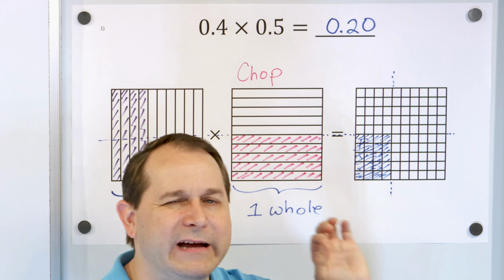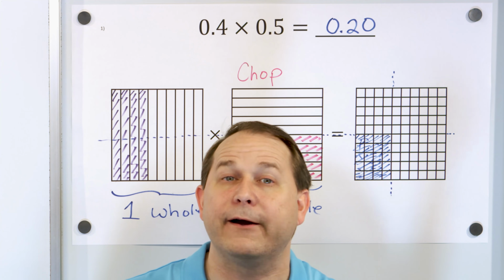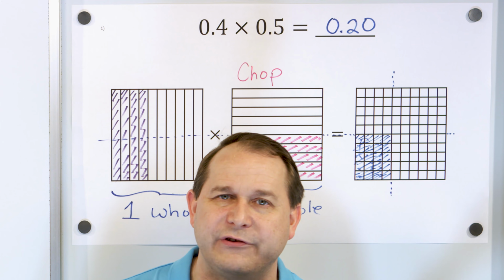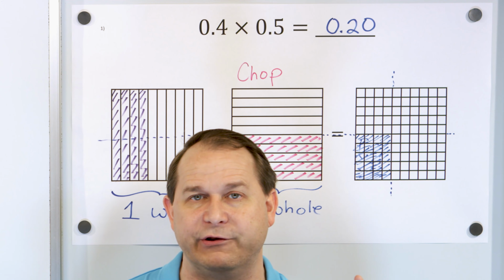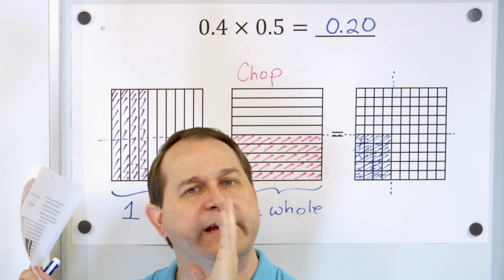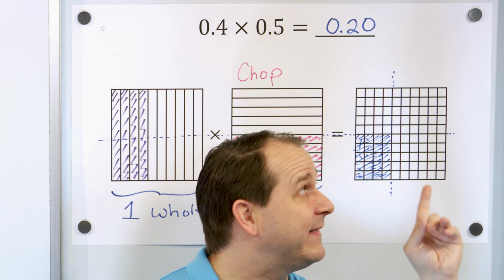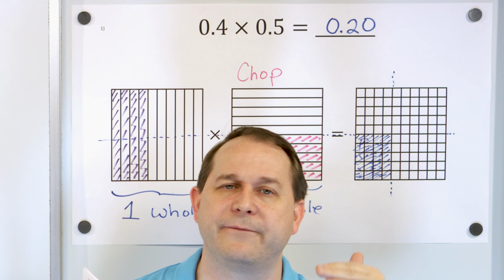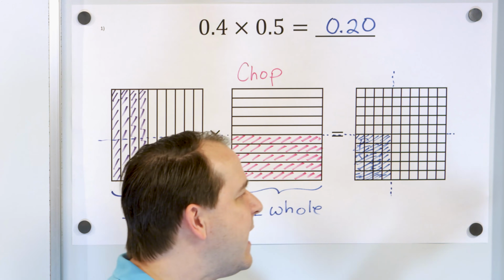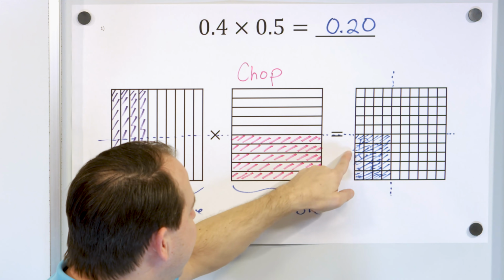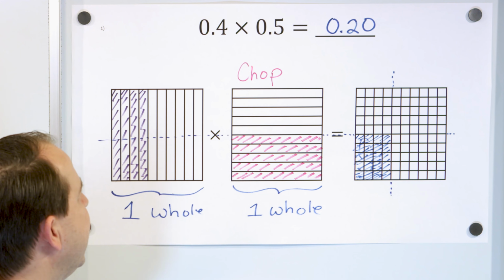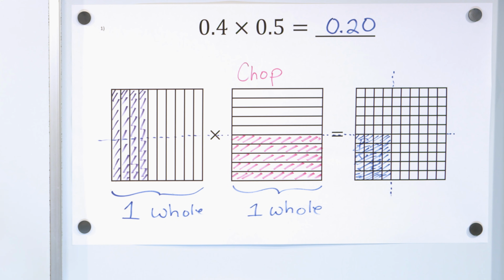The answers that you get here, I don't really care that much if you're getting the correct answers yet, because I'm going to show you how to multiply by hand. Right now, what I'm really trying to teach you is to multiply decimals. You're taking the first number, and the second thing, the thing you're multiplying by, is like a chopping factor, which just cuts the thing in half. And we're expressing the answer in terms of hundredths, because that way we can just fill the squares out here and write the answer down.